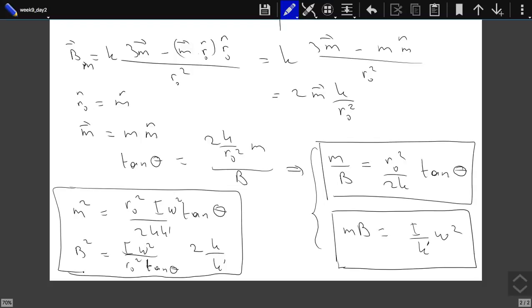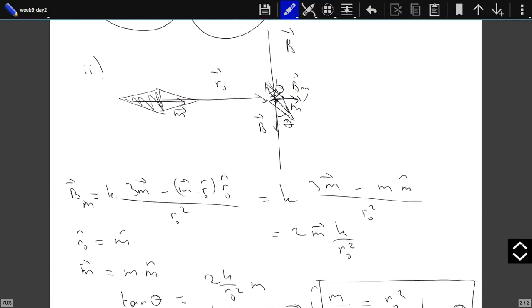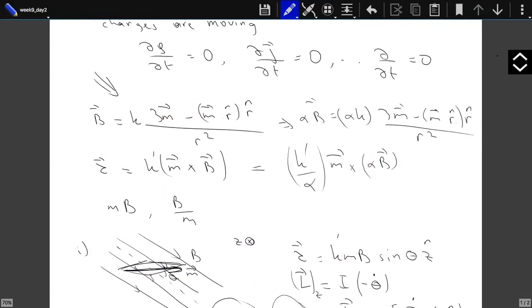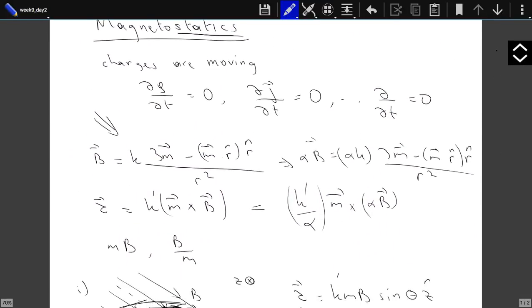Now, the only thing left is how do we determine this k and k prime? How do we define them? Since we are defining these quantities, k and k prime, let's say, at the moment we do not really know, we can have some choices. What would you like to have the magnetic field?